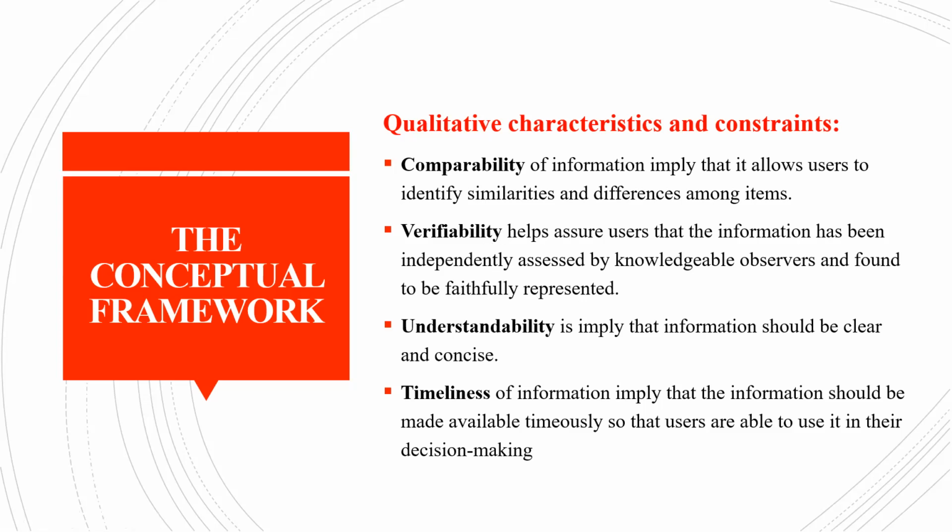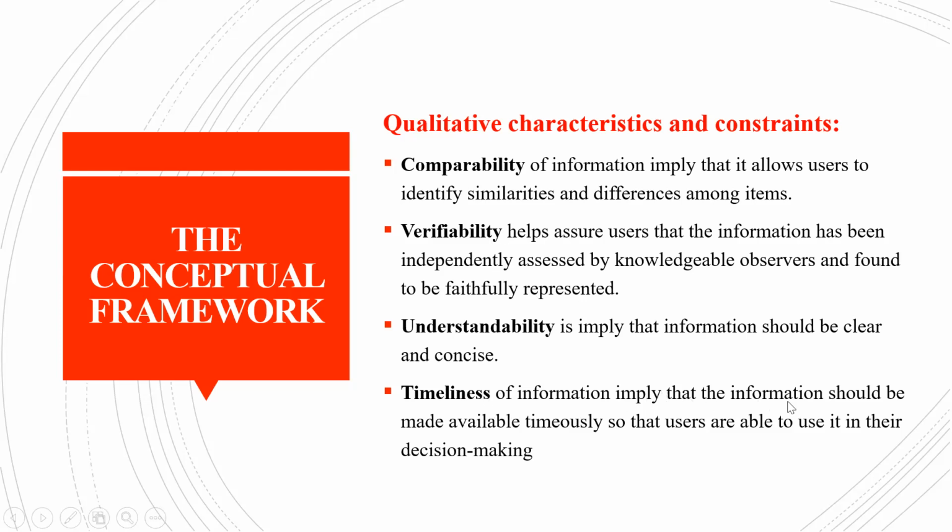In other words, can we have somebody independent of the organization who can give an opinion on the presented information as to whether indeed it has been faithfully presented according to the IFRS standards? Understandability means that the information should be clear and concise to the user.